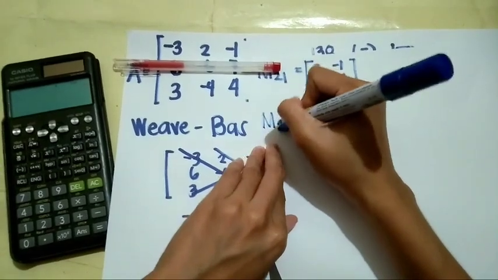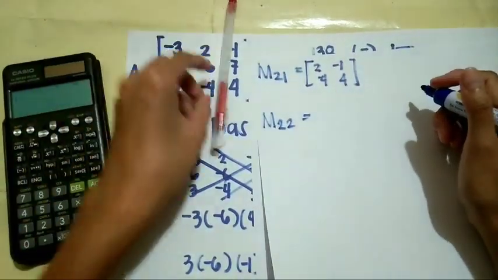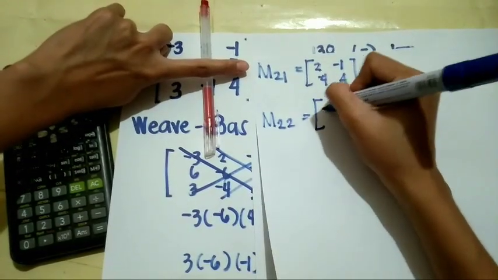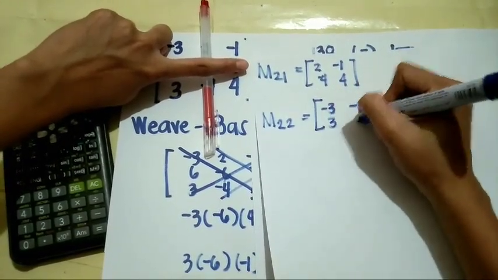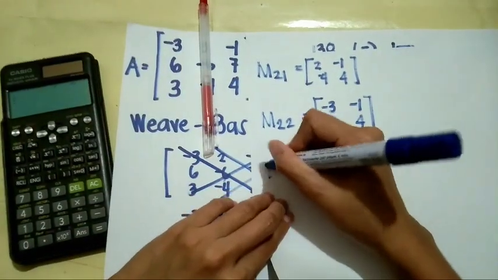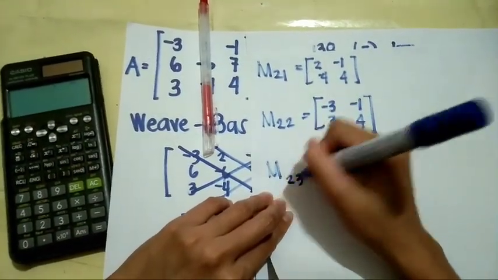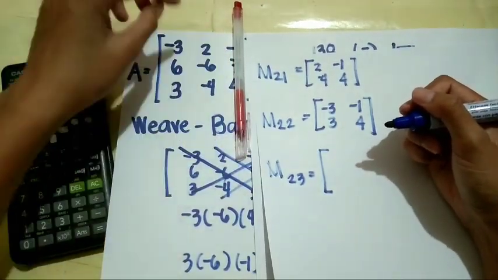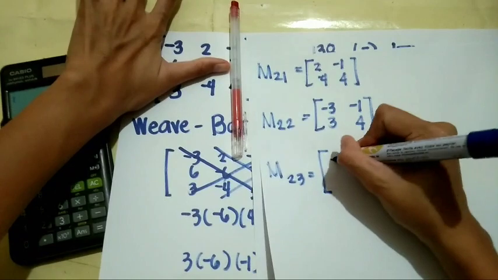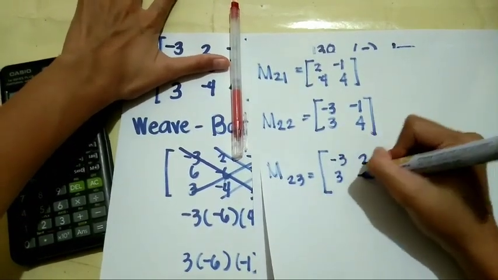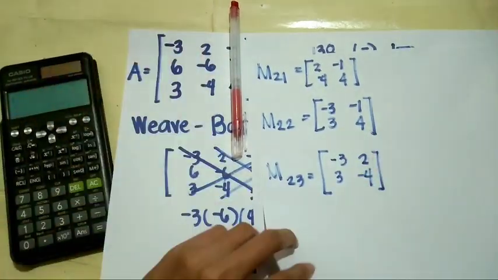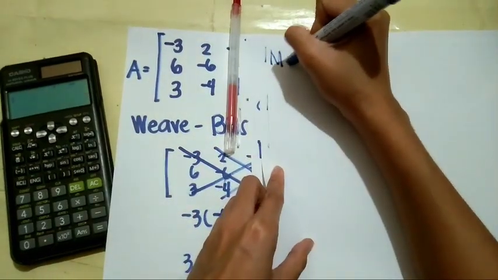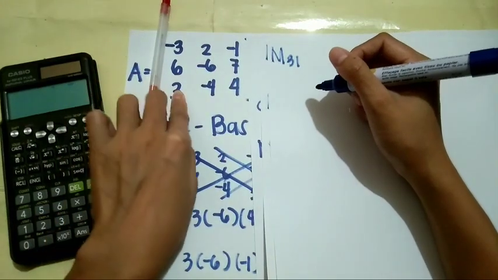Next one, we have M22. So we have negative 3, negative 1, 3, then 4. Next, we have M23, which is 2, 3, so we have negative 3, 2, 3, negative 4. Next one, we have M31.